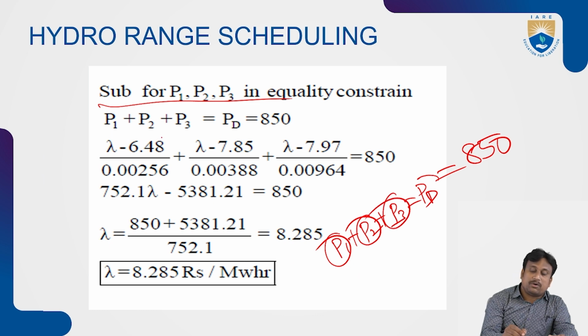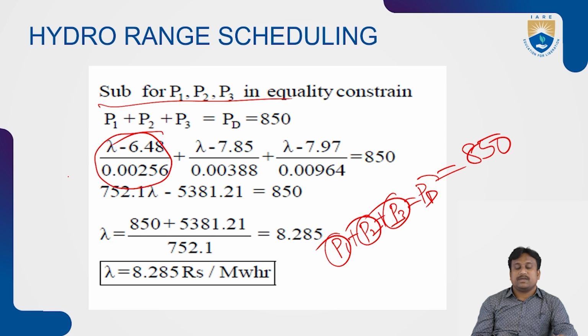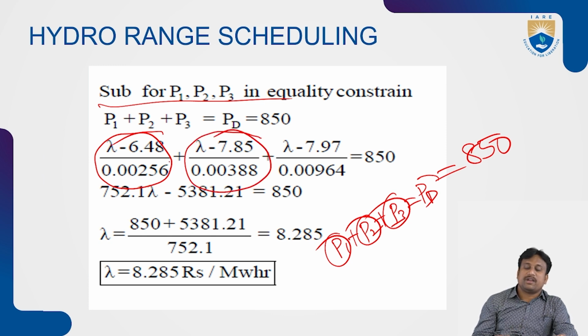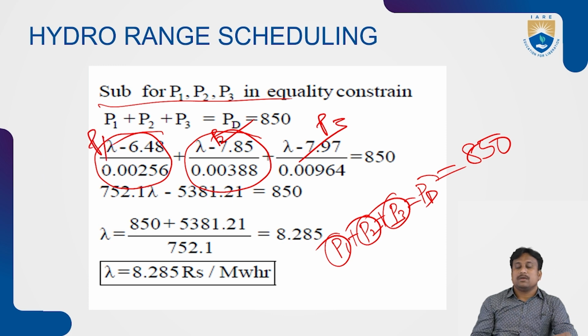P1 is lambda minus 6.48 by 0.00256, P2 is lambda minus 7.85 by 0.00388, plus lambda minus 7.97 by 0.00964, which is P3. With all these combinations you are getting a total value of 850.